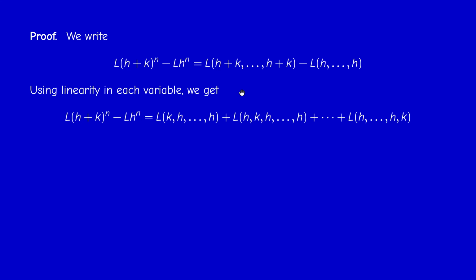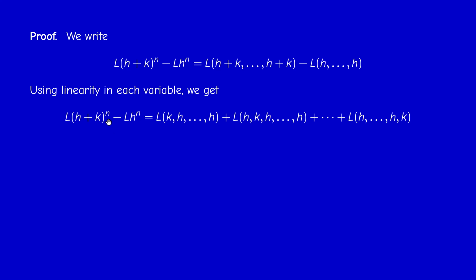And now I use the linearity in each variable. So if I use the linearity in the first variable, I get L of h, and I don't change the remaining, plus L of k, etc., minus. And I repeat this reasoning n times. Or if you like, you can use induction.